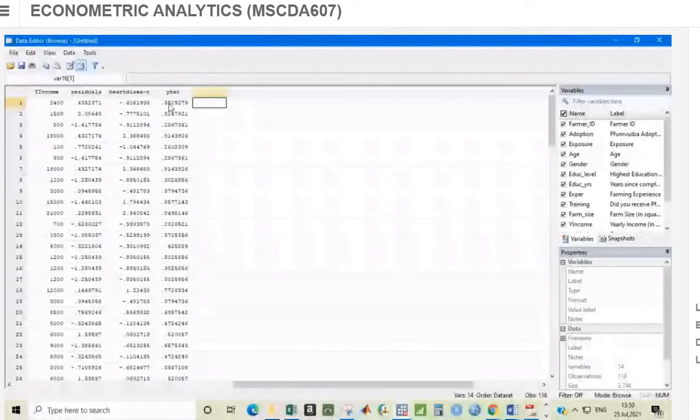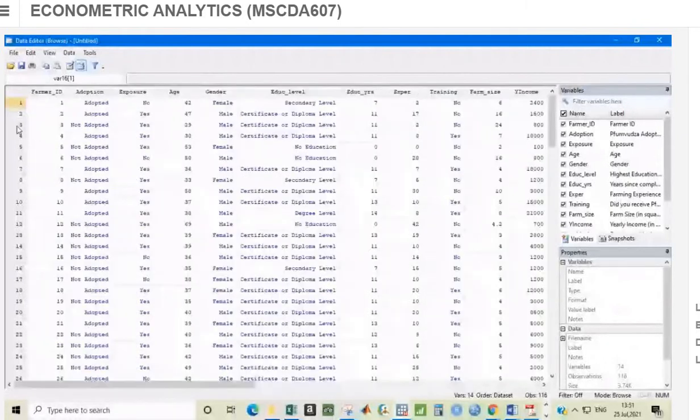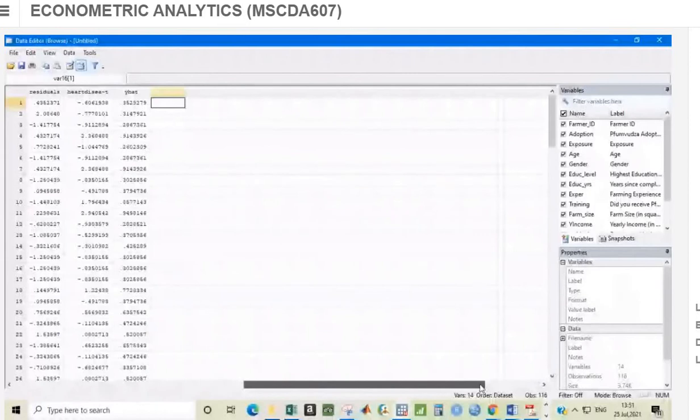Let me check another one. This person has not adopted a Pfumvudza project. But what is the predicted value here? The third one is 0.28. Meaning these are the probabilities of adopting Pfumvudza, and such a low probability means that this person has not adopted Pfumvudza.